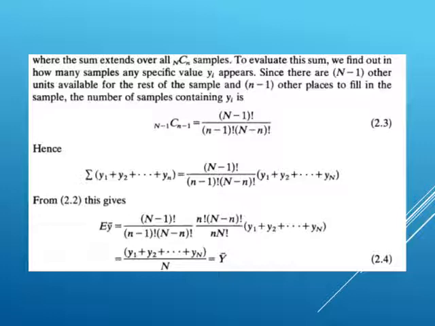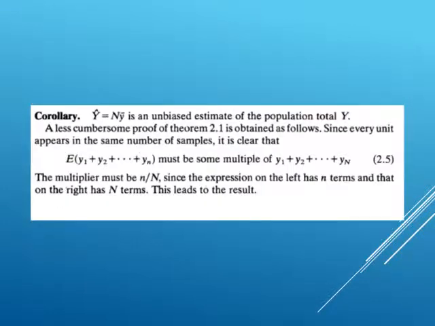Here, if we eliminate the common terms with each other, we get y1 plus y2 up to yN over capital N, which is equal to Y bar. So we can take a corollary from this theorem, which is that Y hat equal to capital N times y bar is an unbiased estimate for the population total Y.